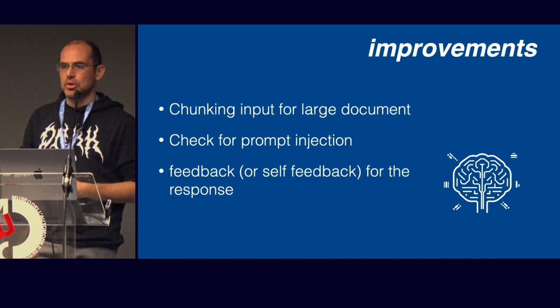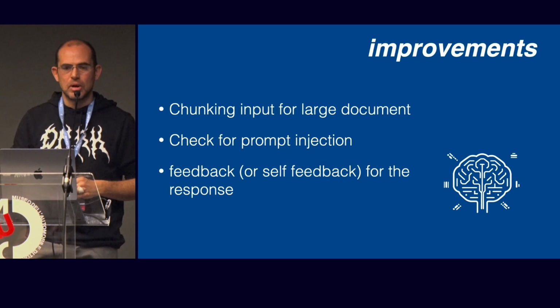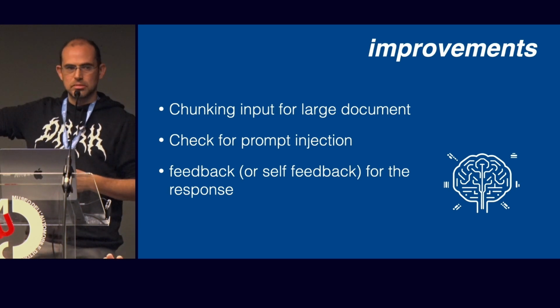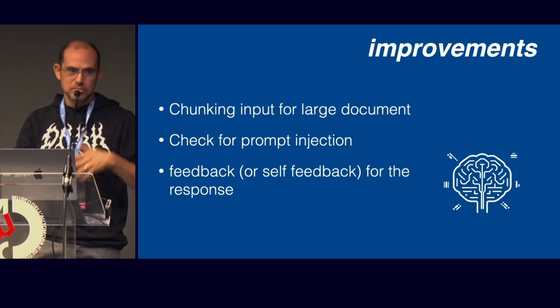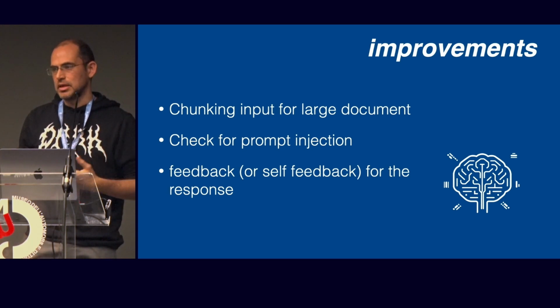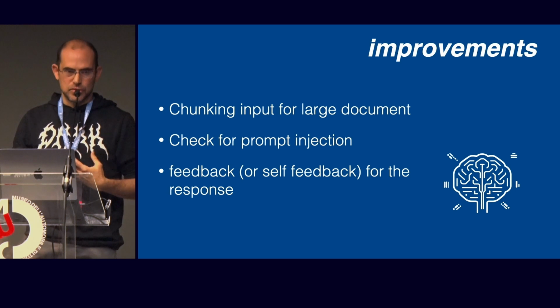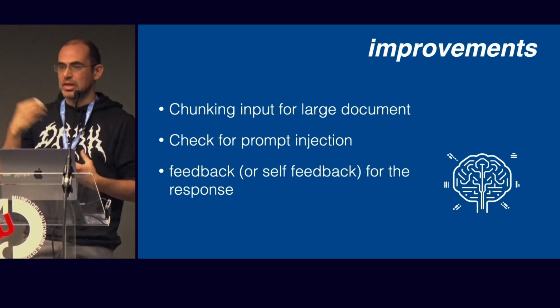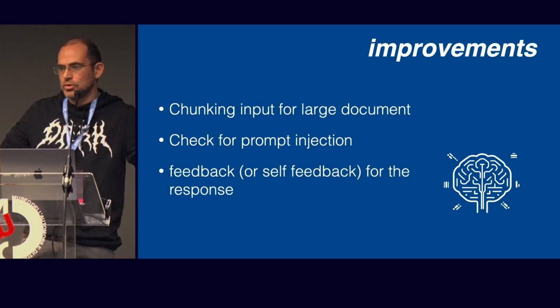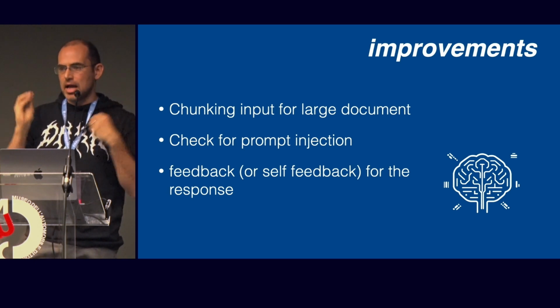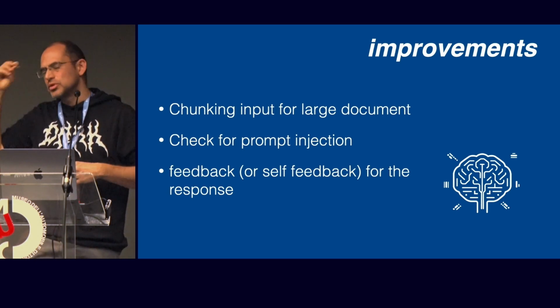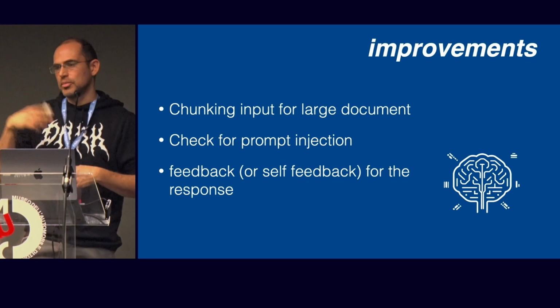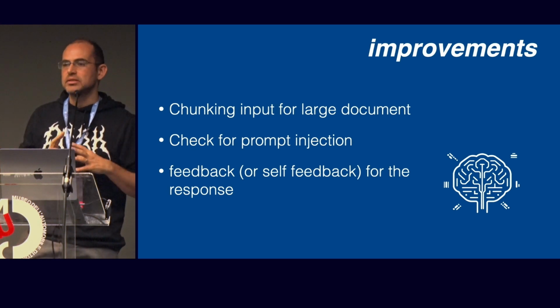We can check for prompt injection. How many of you know what SQL injection is? Okay, we have a similar problem, but different. Now we are putting some text coming from, who knows, a user, inside a language model. Maybe putting context, putting more information, but it is uncontrolled text.